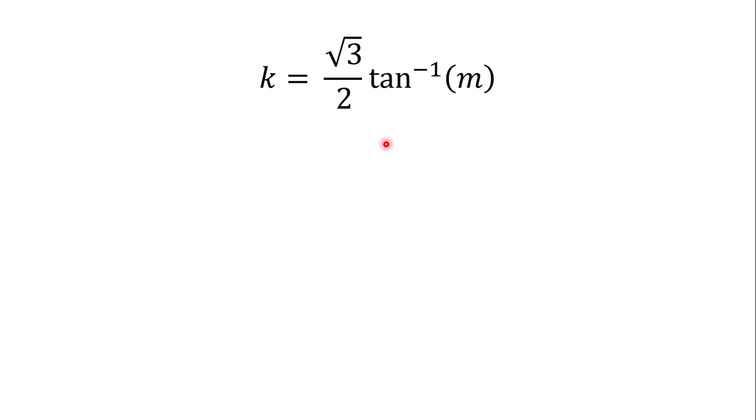I've already told you that when you see a number attached to a variable and you are differentiating, let your focus be on the variable. Here, the variable is m, but it's tangent inverse of this. So the focus is on this tangent inverse of m. Just forget this one. At the end of the day, whatever we get for this one will be multiplied by this. Okay. So what is the answer to the derivative of tangent inverse of m?